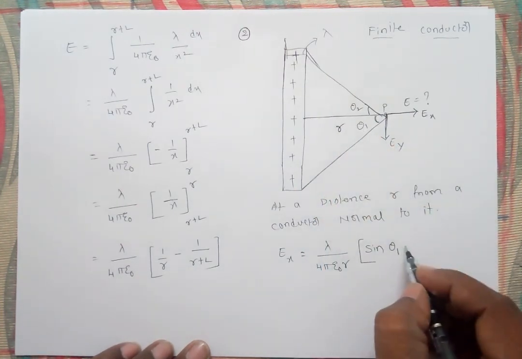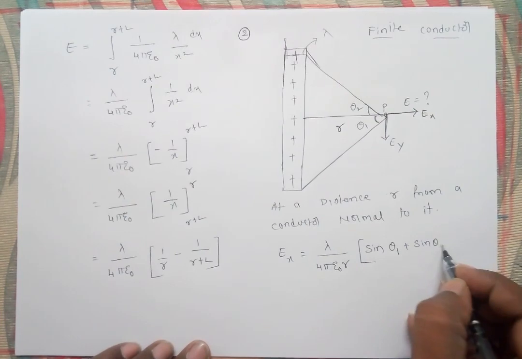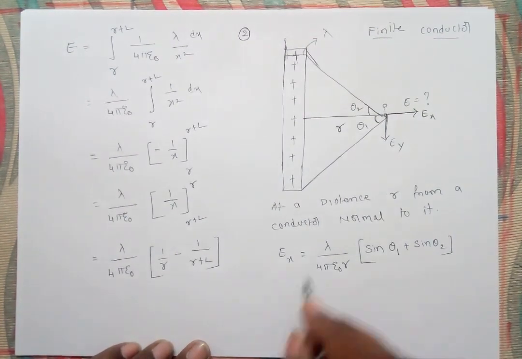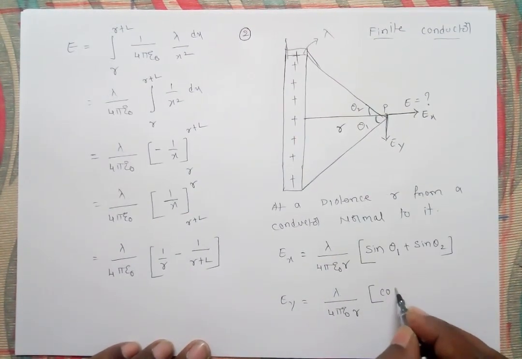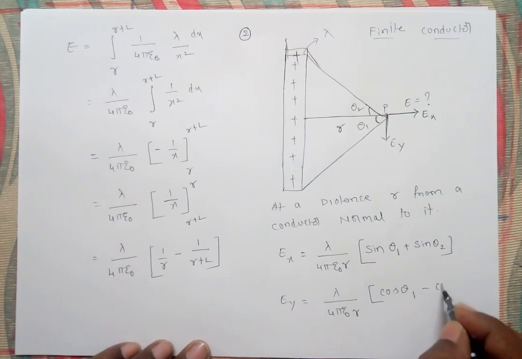Theta 1 is this one, theta 2 is that upper one. Similarly Ey is lambda by 4 pi epsilon naught r into (cos theta 1 minus cos theta 2).